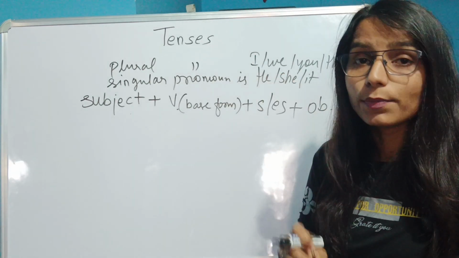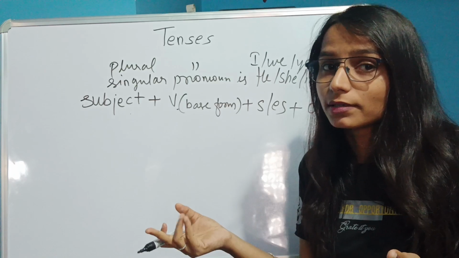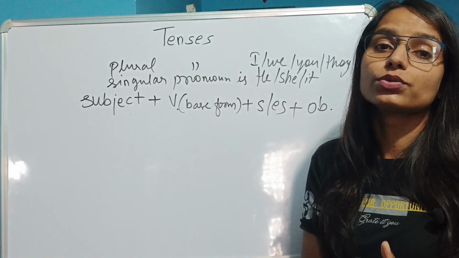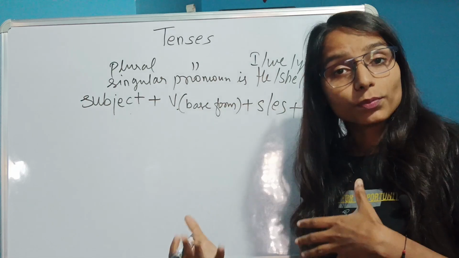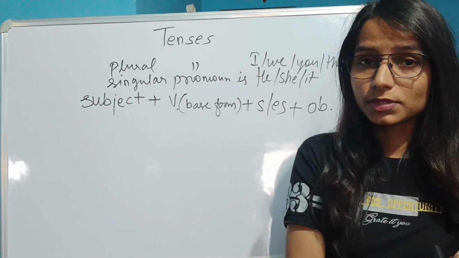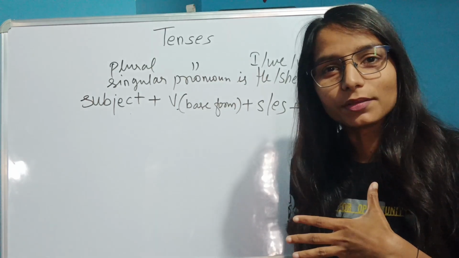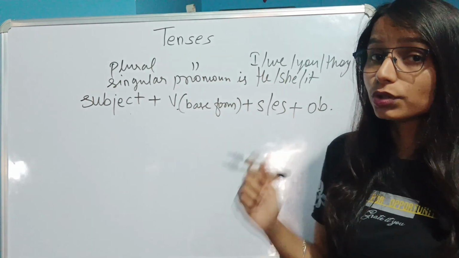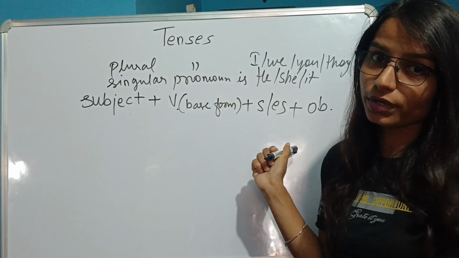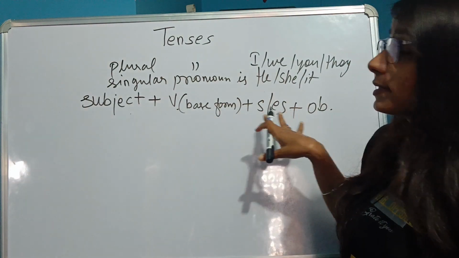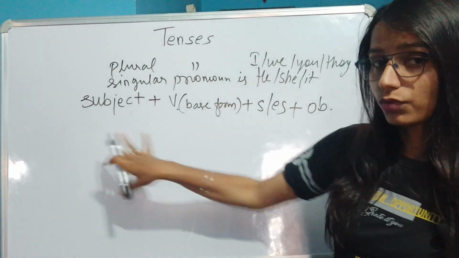When I use Purnima goes to the market, Purnima is singular, there is one name, and I use es with the base form of go. And when we use two names like Purnima and Pratibha, then I say Purnima and Pratibha go to the market. We do not use s or es. Okay, so this is about the structure.